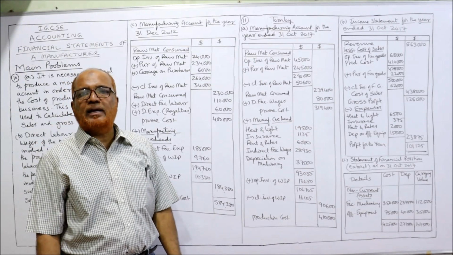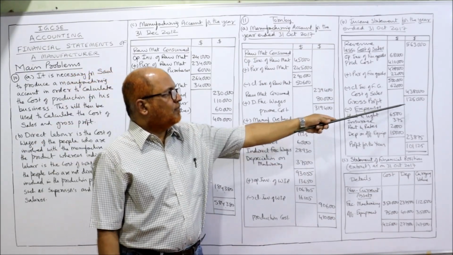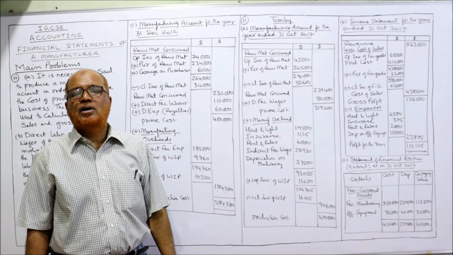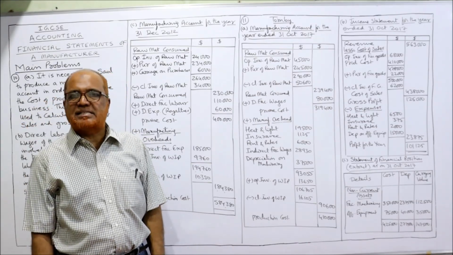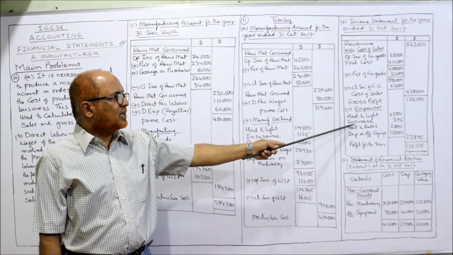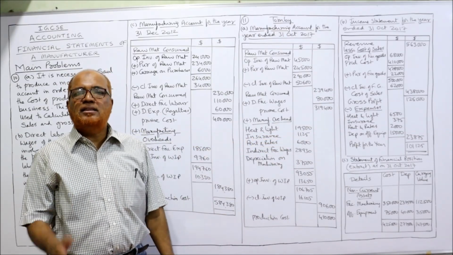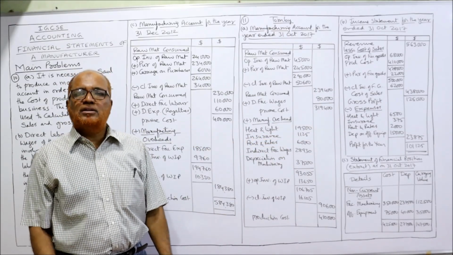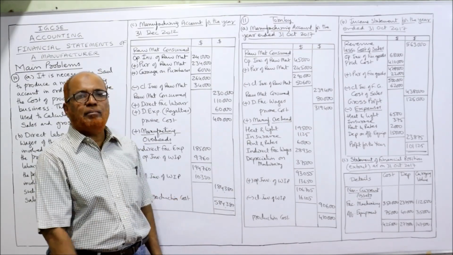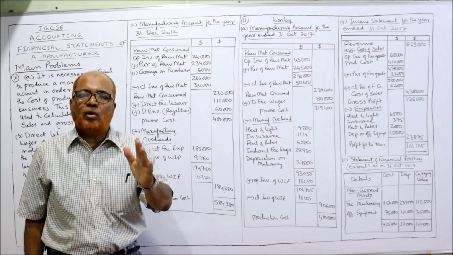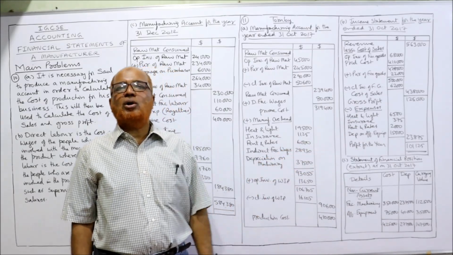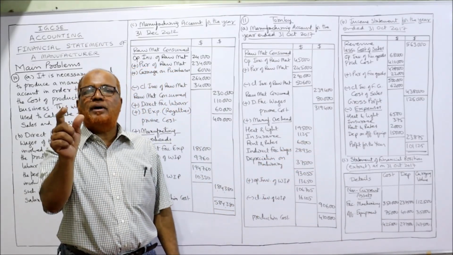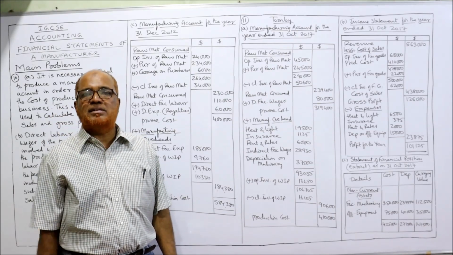Deduct cost of sales, we'll get the gross profit 1,25,000. From gross profit deduct all indirect expenses, heat and light, insurance, rent and rates. These are 1/4 amount. 3/4 already we have taken in manufacturing account. 1/4 we have to take in the income statement. Then depreciation on office equipment, 20% on straight line basis.